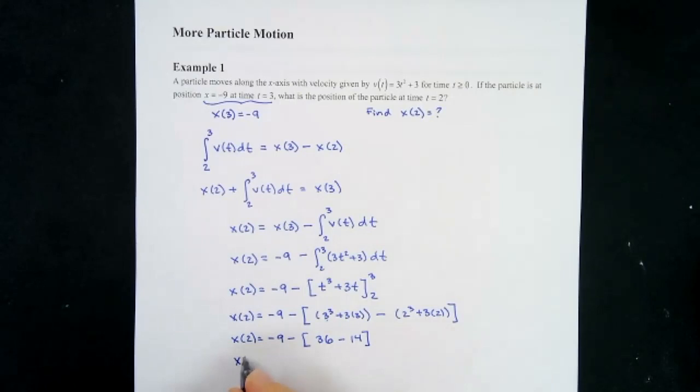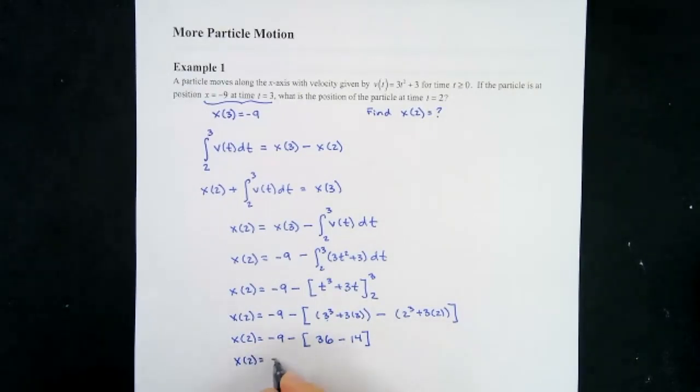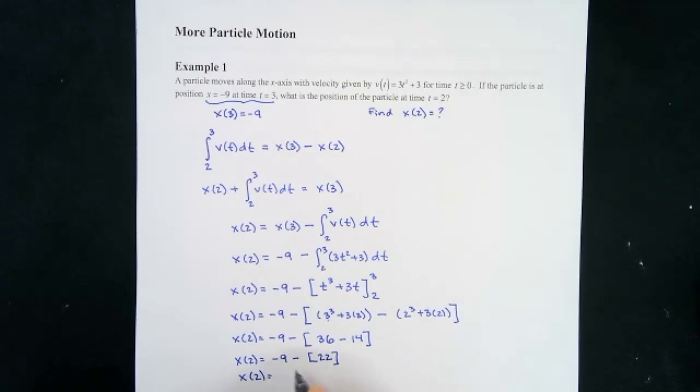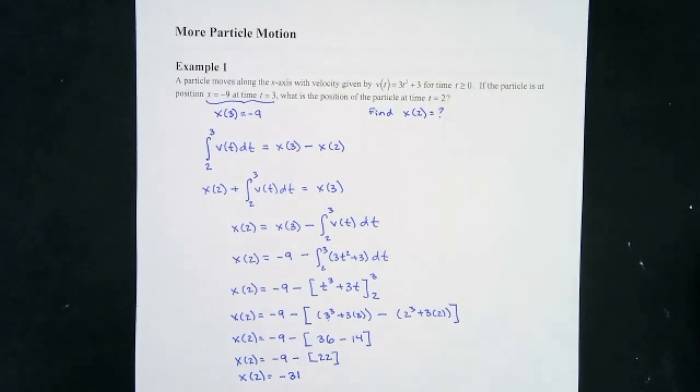And that gives me x of 2 equals -9 minus 22, which gives me a position at time t equals 2 of -31. So there's my answer. That's where the position of the particle was at t equals 2. It was at -31.